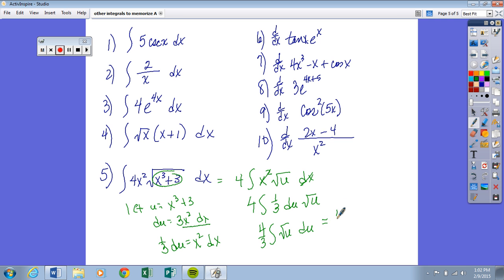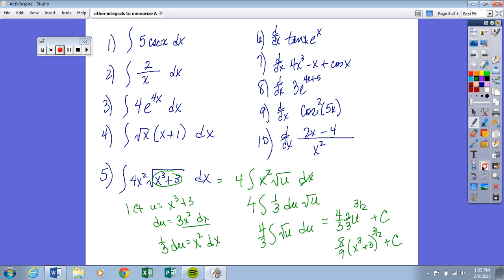So the answer to this will be 4/3, and then u to the 1/2 plus 1 is 3/2, over 3/2, or times 2/3, okay, plus c. And then when we clean this up and substitute our u back in, it's going to be 8/9 times (x cubed plus 3), all to the 3/2, plus c. Yay! So hopefully that's not too terrible.